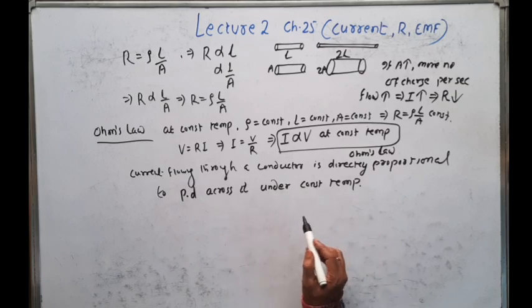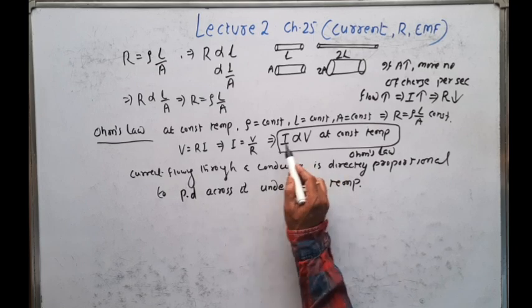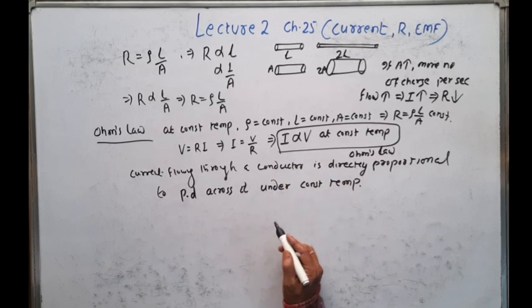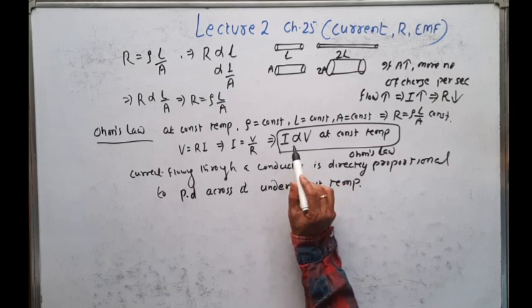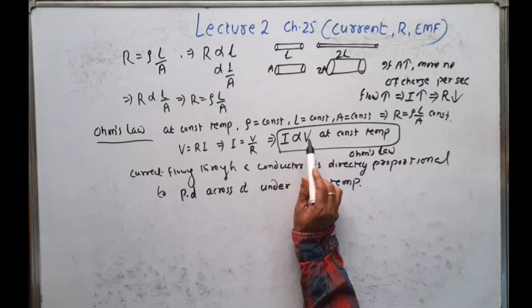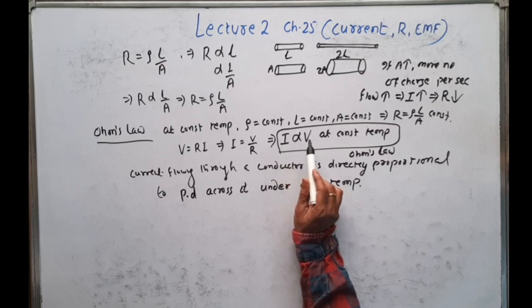So always remember. Some may ask, sir, why not V is proportional to I? But I always say I is proportional to V, because current depends upon voltage. Voltage is the cause, current is the effect. So effect is proportional to cause. Just like income and salary.